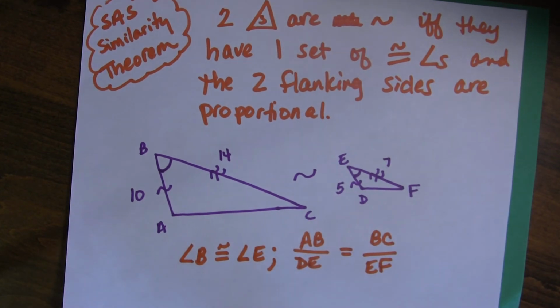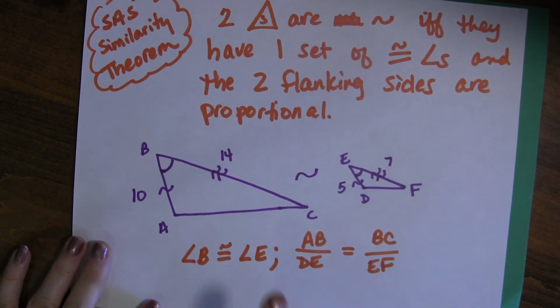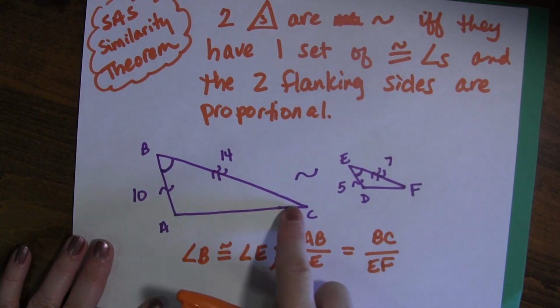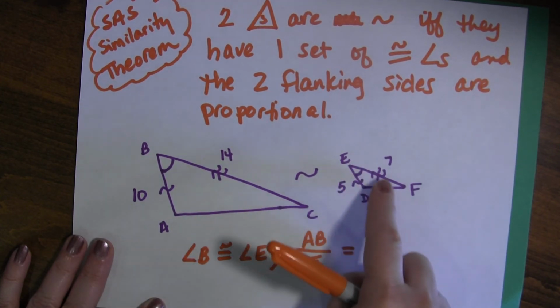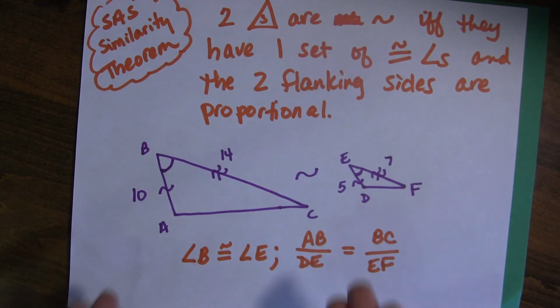Okay? So that is your SAS similarity theorem. And again, that makes it so that we don't have to prove that each angle is congruent and each side is proportional. We can just prove part of that and know for sure that the triangles are similar.